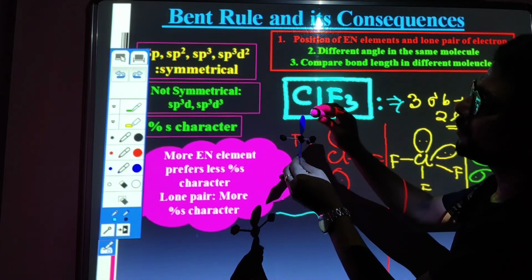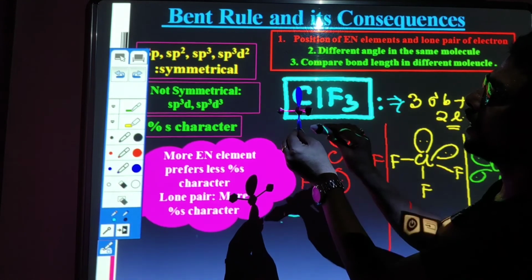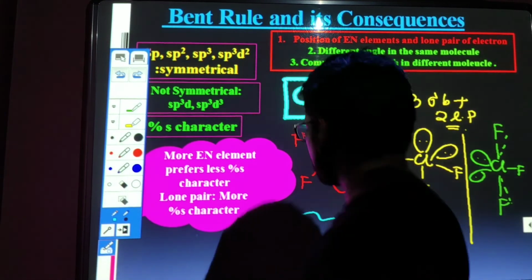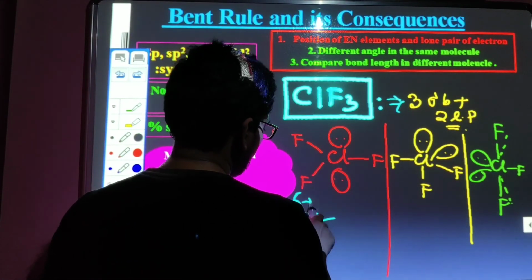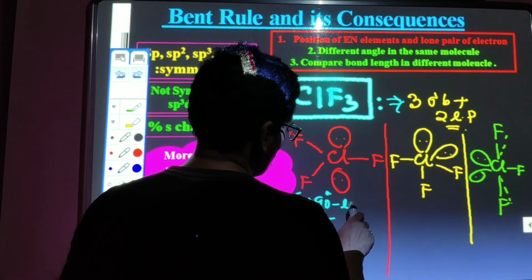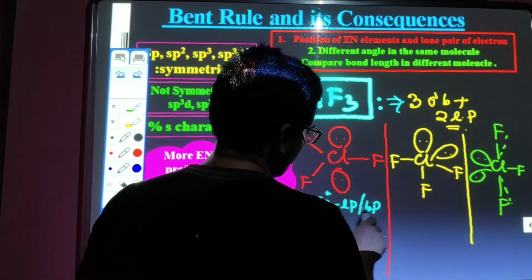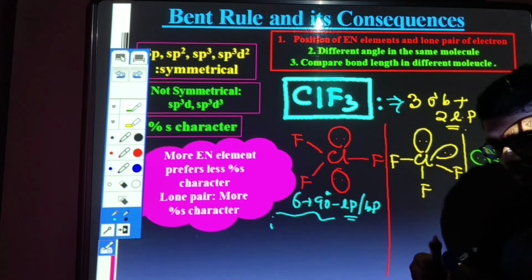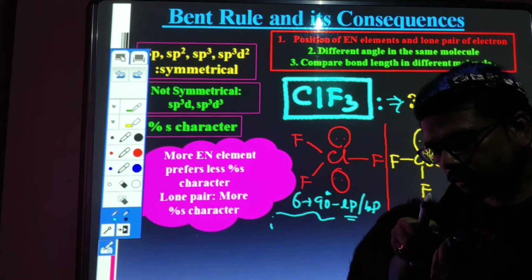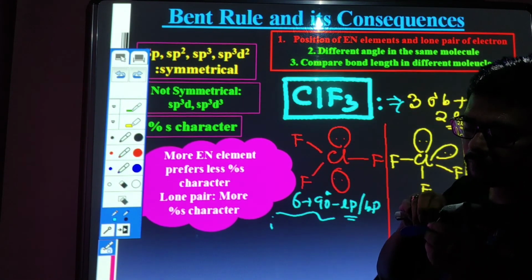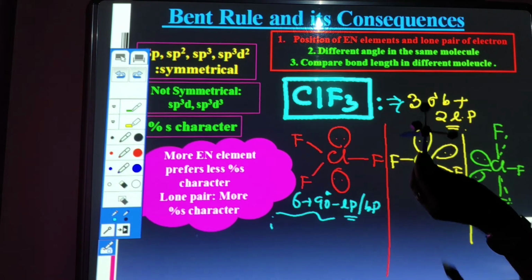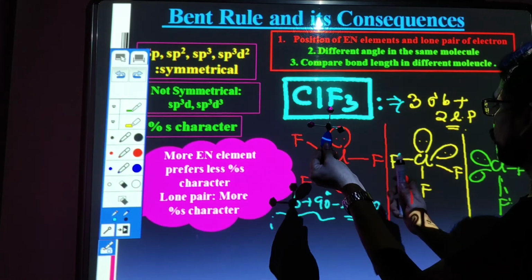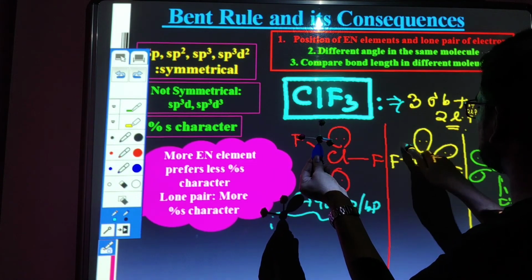Sir, 1 at 90 degrees, 2, 3, and from the bottom 1, 2, 3, so 6 lone pair-bond pair repulsions at 90 degrees. Now here, how many are at 90 degrees to each other? I'll put it here like that. You can see it very clearly now. So how many lone pair-bond pair?